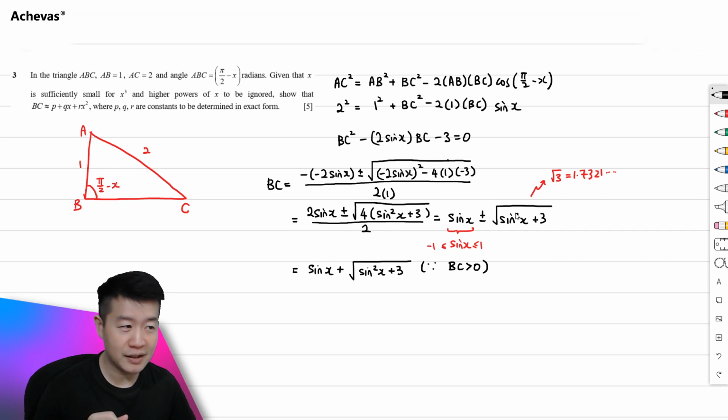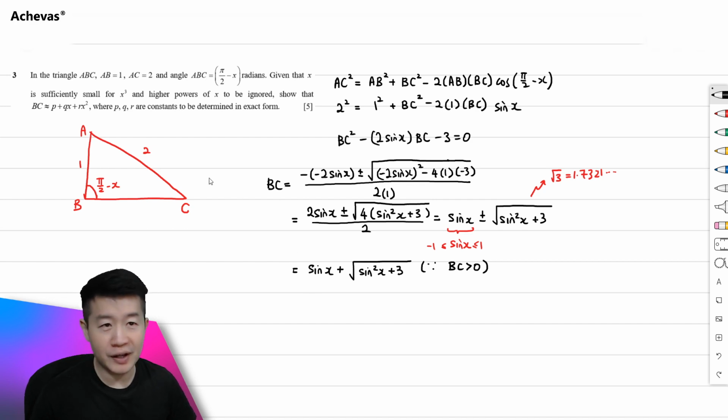If you were to ignore sine squared x, the square root of 3 itself is already bigger than 1. And sine squared is definitely greater than or equal to 0, which means this term with the square root is definitely bigger than sine x. That is why we need a plus. If we go for a negative, this whole expression will become less than 0.